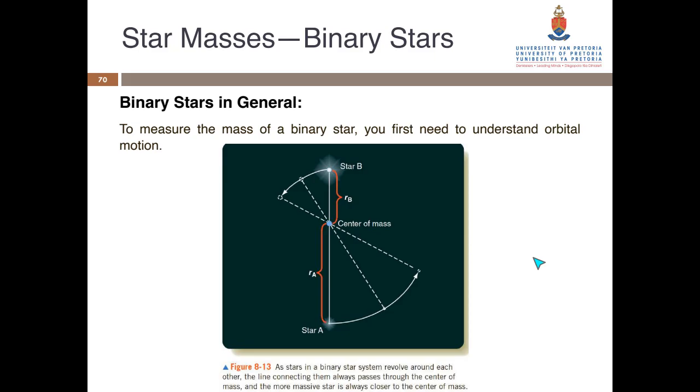What will happen over time is, if they're contact binaries, star B will steal matter from star A. So star B becomes the big one and star A becomes the small one. Then at some point, star B will swell up again, becoming a giant, even a supergiant. And then star A will start stealing matter from star B. And that can go on for a couple of billions of years.